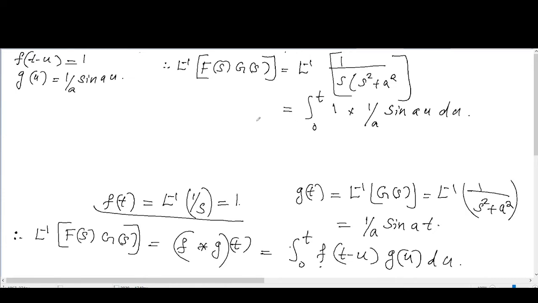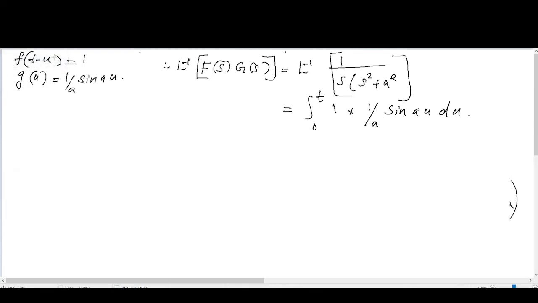So 1 by a is a constant. Now you can take 1 by a outside the integral sign. So that is equal to 1 by a integral from 0 to t sin a u du.